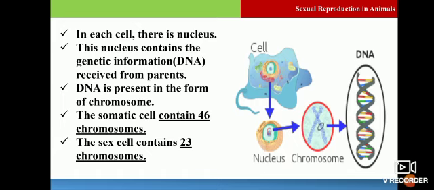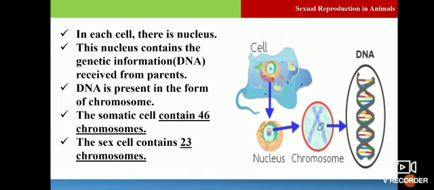So in each cell there is a nucleus. This nucleus contains the genetic information, which is called the DNA, received from the parents. DNA is present in the form of chromosomes. The somatic cells, which are the body cells, contain 46 chromosomes, whereas the sex cells, which are the reproductive cells, contain 23 chromosomes. So inside the sperm, there are only 23 chromosomes, and inside the ovum, there are only 23 chromosomes.